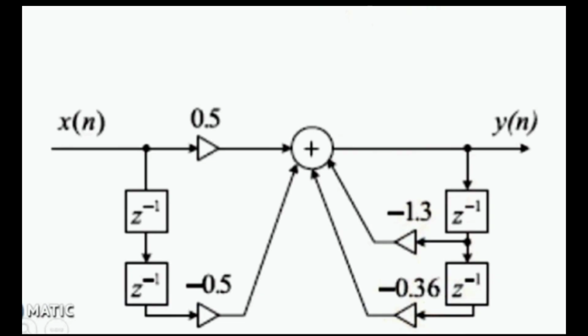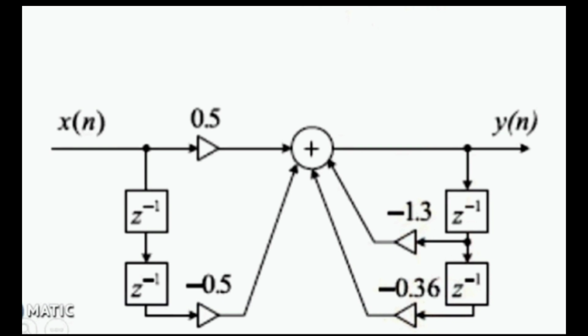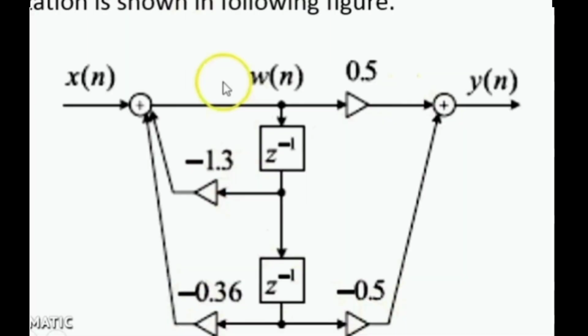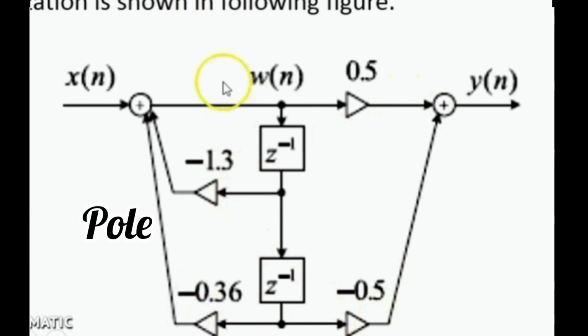Previously we derived the direct form 1 realization for the same problem. If you interchange the left hand side and the right hand side of the previous diagram, you will get a similar diagram.